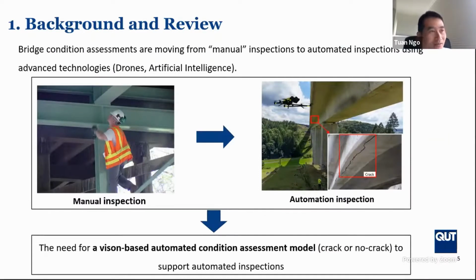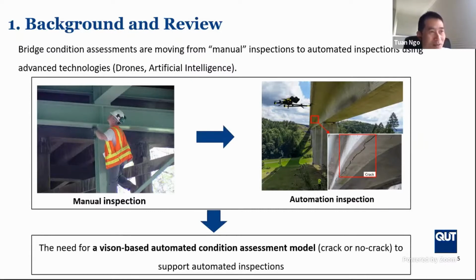Recently, advancements in automation technology, AI, machine learning, and also drone technology allow us to do visual inspection remotely. It can be done autonomously using an intelligent inspection system.